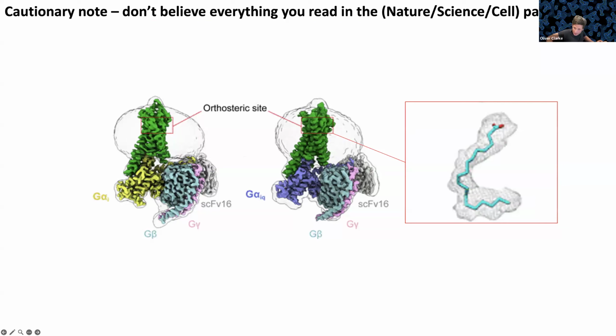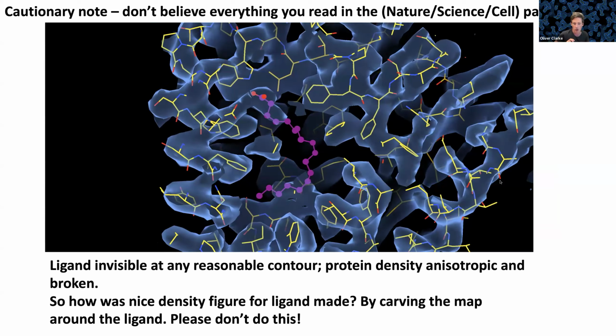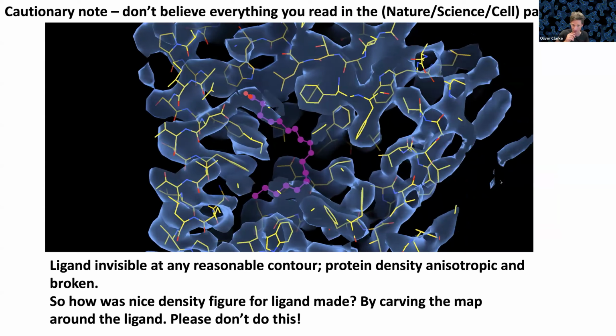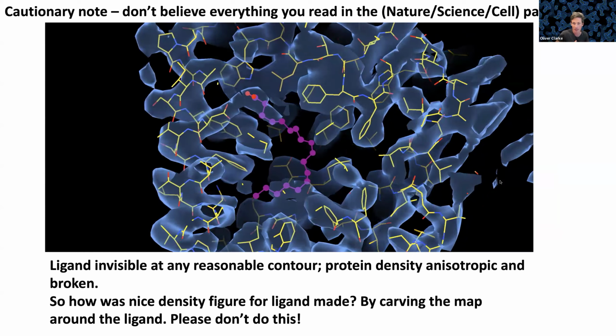I can tell you how they made this because there's only really one way to make a figure like that. And the way they made it was by carving the density map around the ligand, which you can do using either PyMol or Chimera/ChimeraX. Please do not do this. It's still quite commonly done.